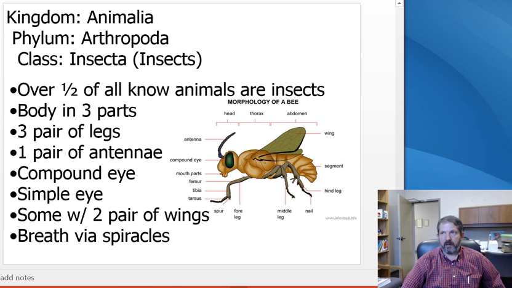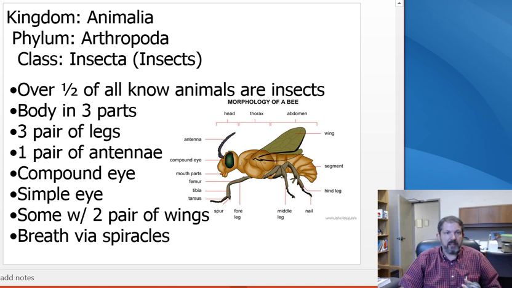If you take all the fish and all the reptiles and all the mammals and all the birds and all the crabs and all the animals you can think of, all the different species, there are more insects than all of those others combined. So more than half of all total animals, that's a lot of insects. More insects than all other kinds of animals combined, in terms of number of species. And also just in sheer numbers or sheer volume.